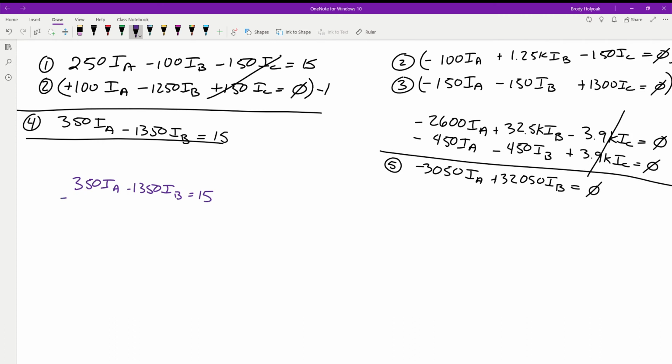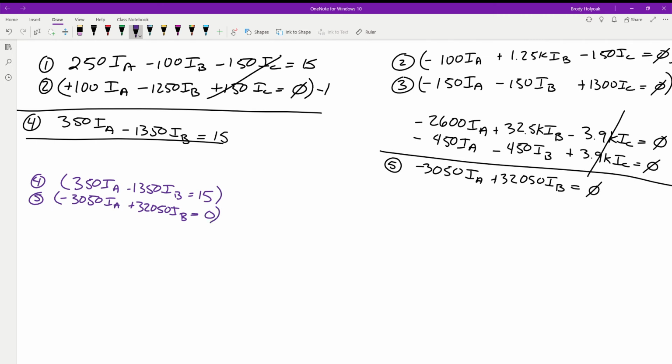And we have negative 3050 IA plus 32050 IB is equal to 0.